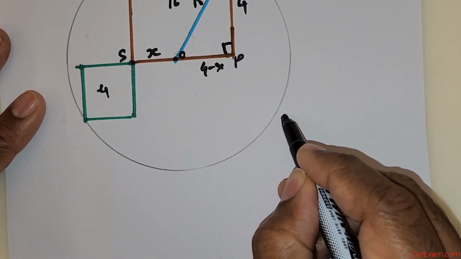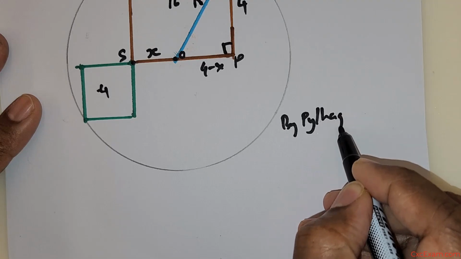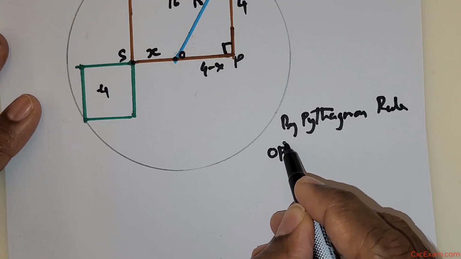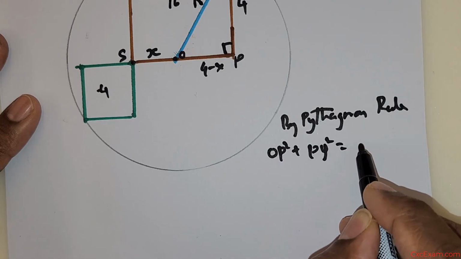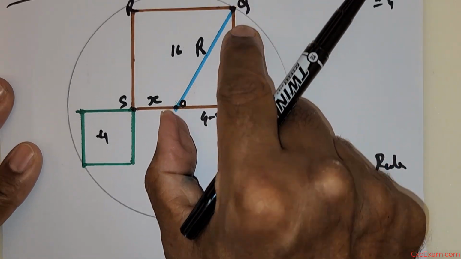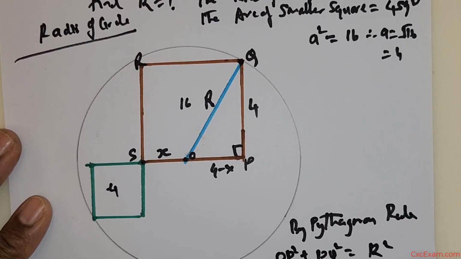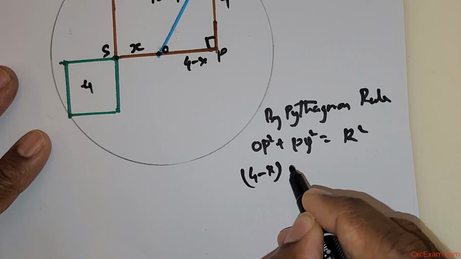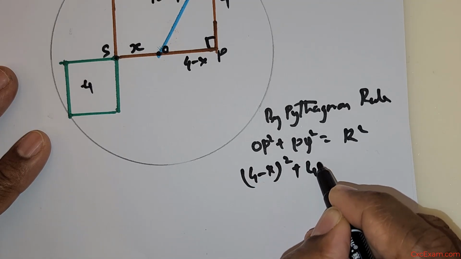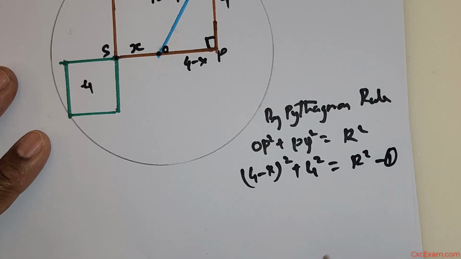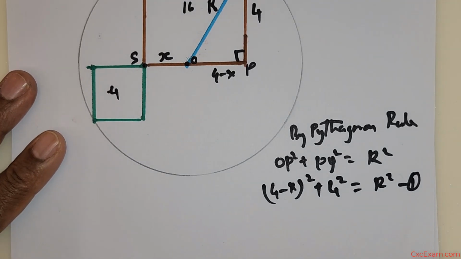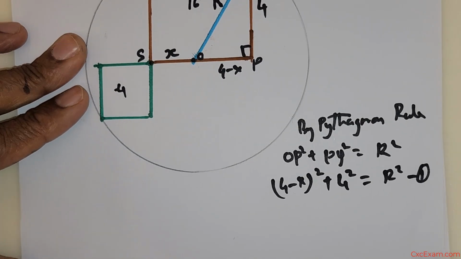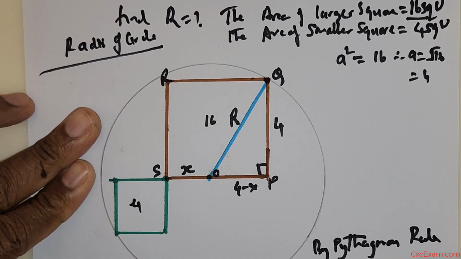So by Pythagoras theorem, you have OP squared plus PQ squared is equal to R squared. This length is R. So OP squared is (4 minus x) the whole squared. PQ squared is 4 squared, equal to R squared. I take this as equation 1. So that is done for the larger square.